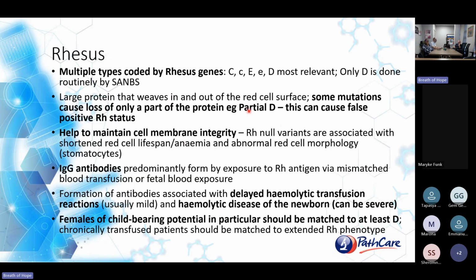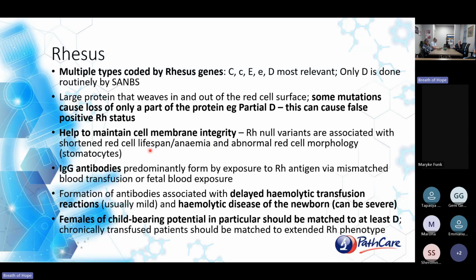And this is a condition called partial D, which depending on the population can affect 0.1 to 1% of your female population. So that's why in Western settings, they're moving away from antigen typing to genetic typing of the D status in order to protect that small percentage of women who test falsely positive for RHD.